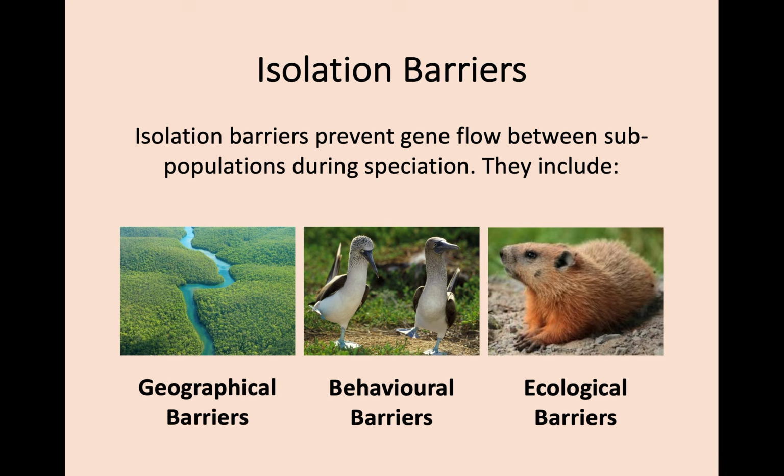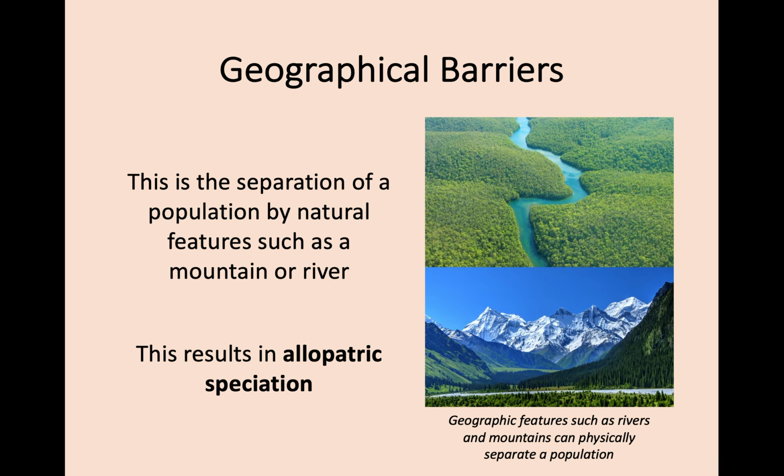So an isolation barrier of any form prevents gene flow between subpopulations during speciation. That's what's quite key to remember: regardless of what form of barrier is going on, it's stopping gene flow between the two subpopulations. So we have geographical barriers, which we've spoken about before, behavioural barriers, and ecological barriers. And we're going to go into each example here and their impact on speciation.